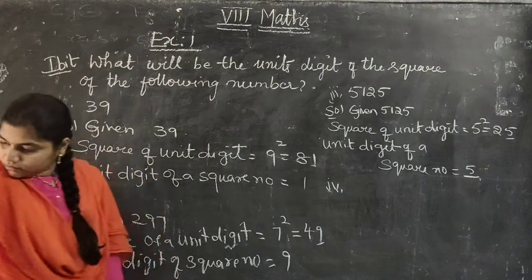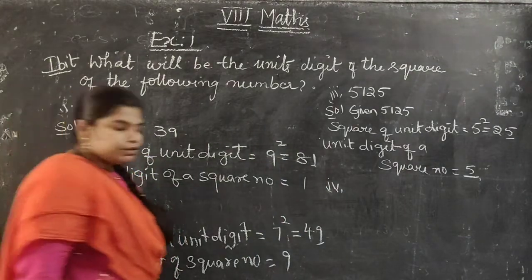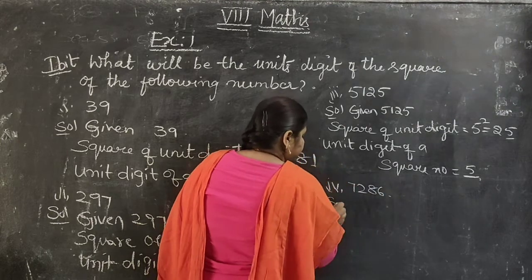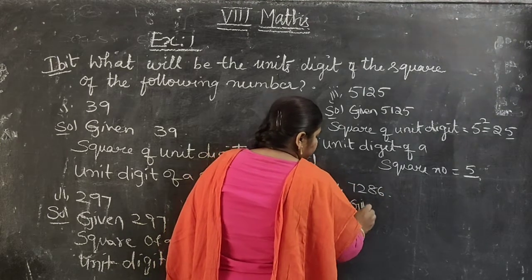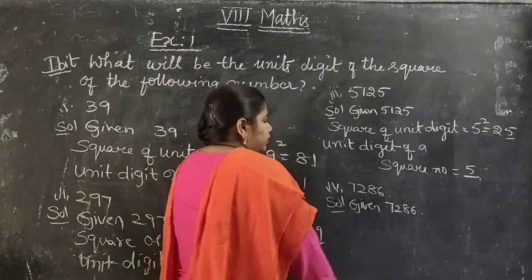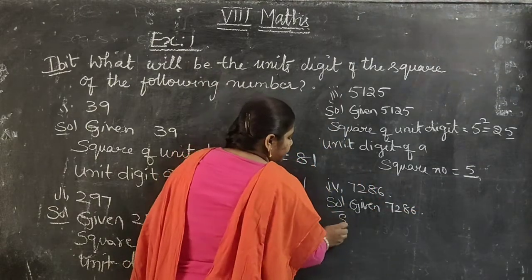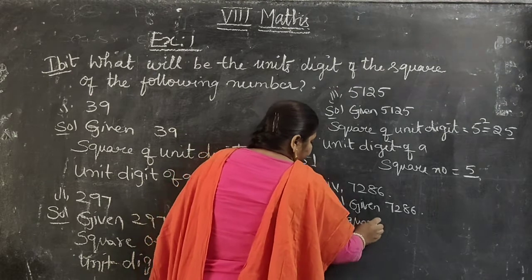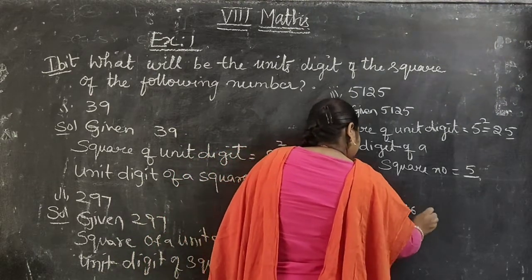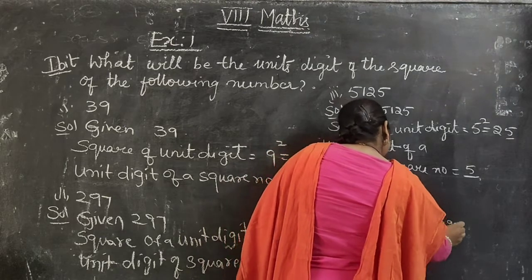So fourth one, 7286. The given number is 7286. Now first we have to find the square of the unit digit. What is the unit digit they have given?